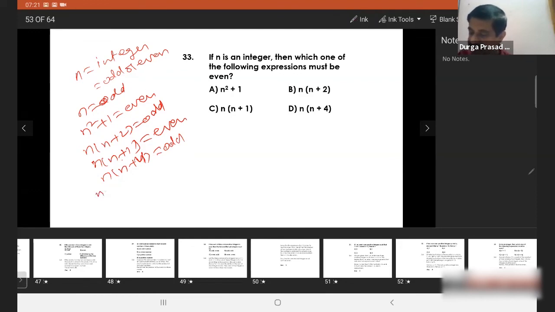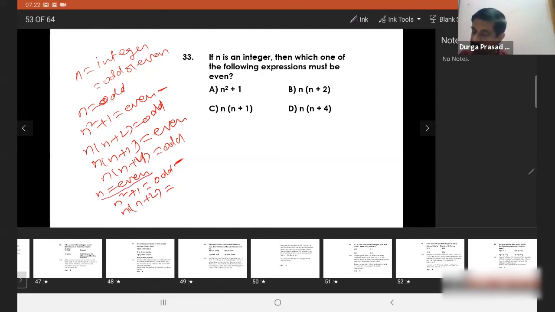If N is even, for example, N square plus 1, even plus 1 is odd. So that means N square plus 1 can be even and can be odd. You take N into N plus 2. N is even, we said.